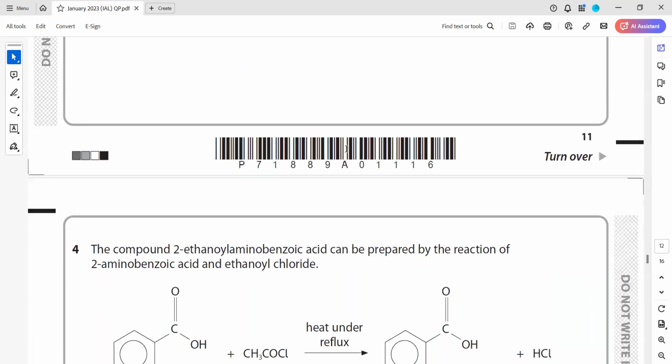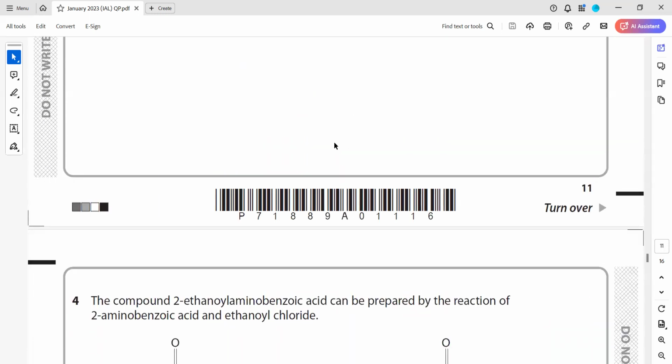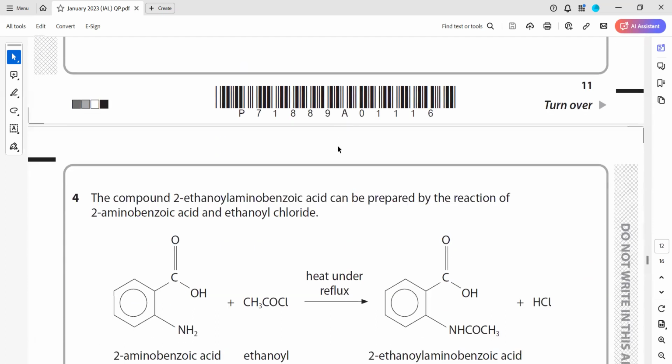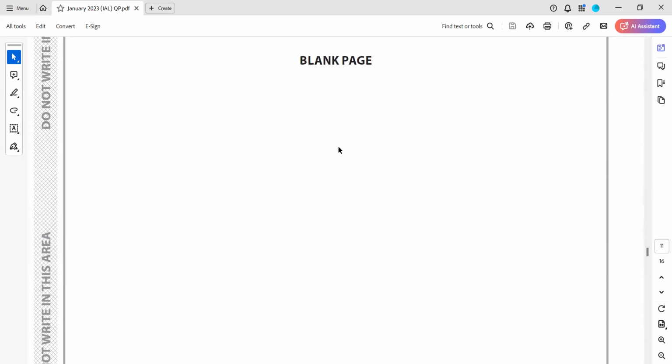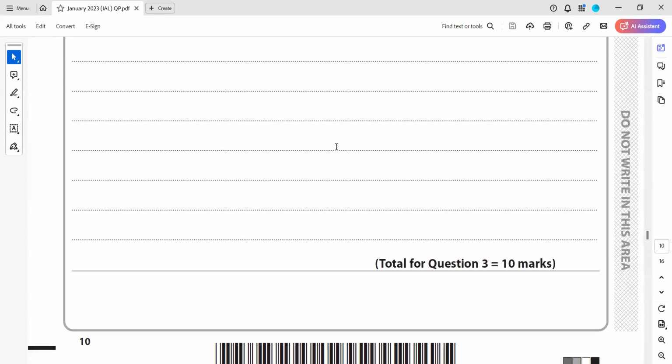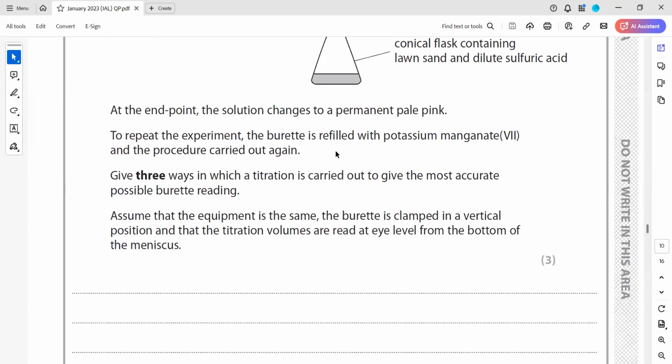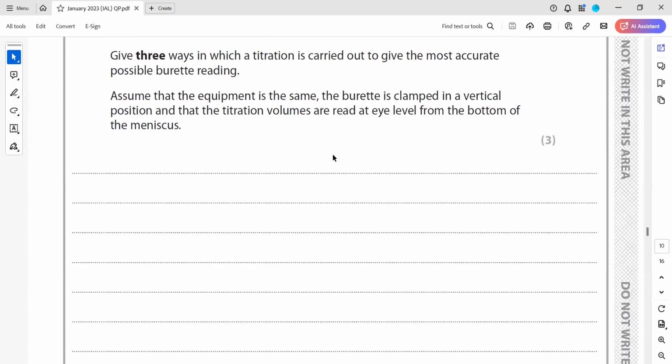You can mention to wash the conical flask with distilled water, or if you want to improve, wash the burette with distilled water and then wash with the potassium manganate solution. That you can mention.